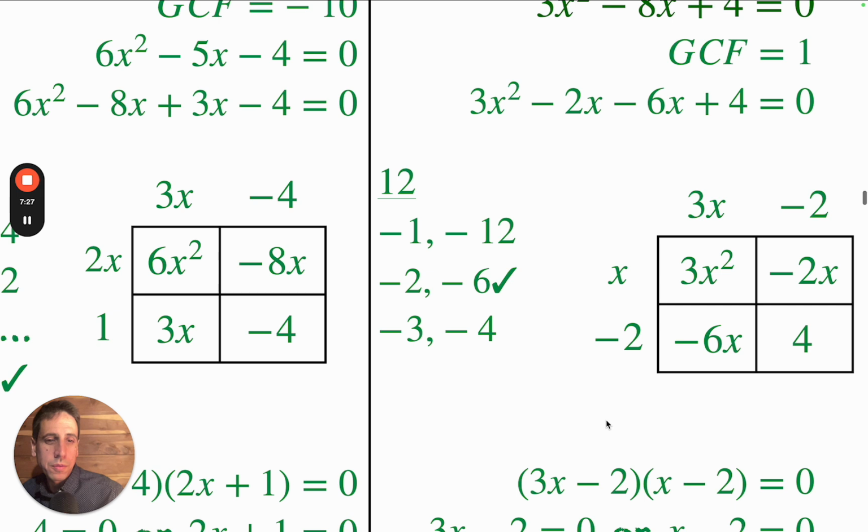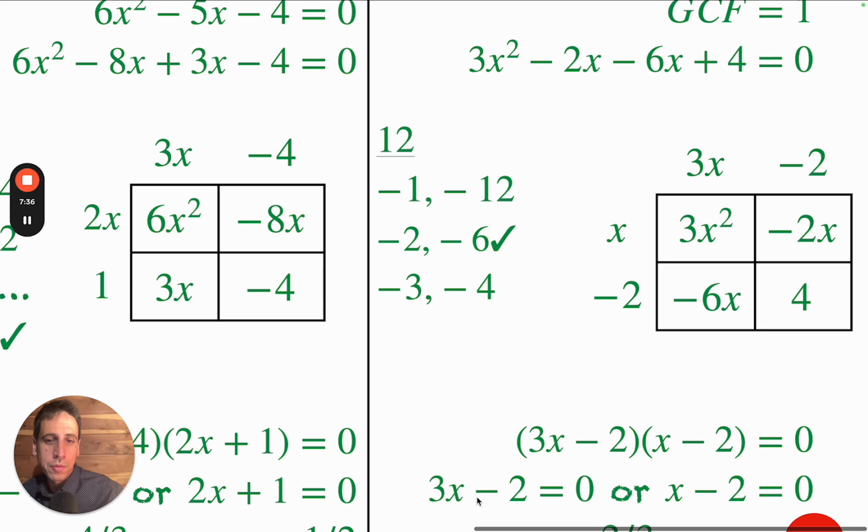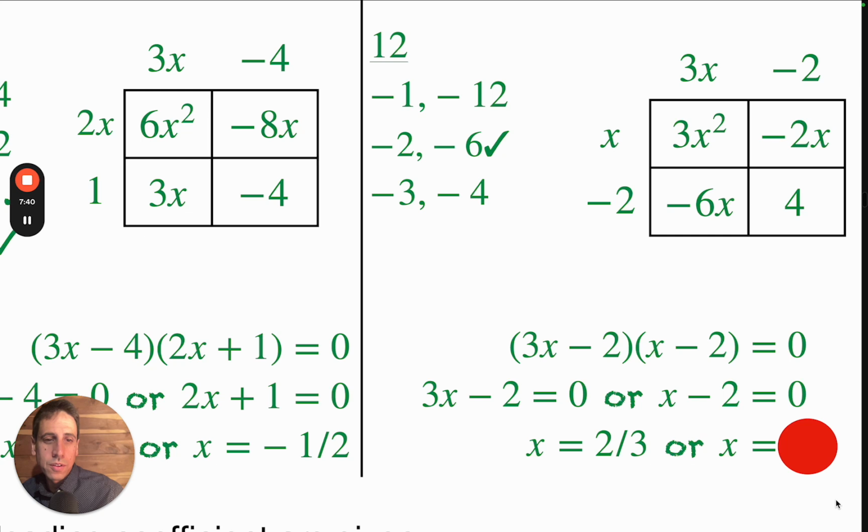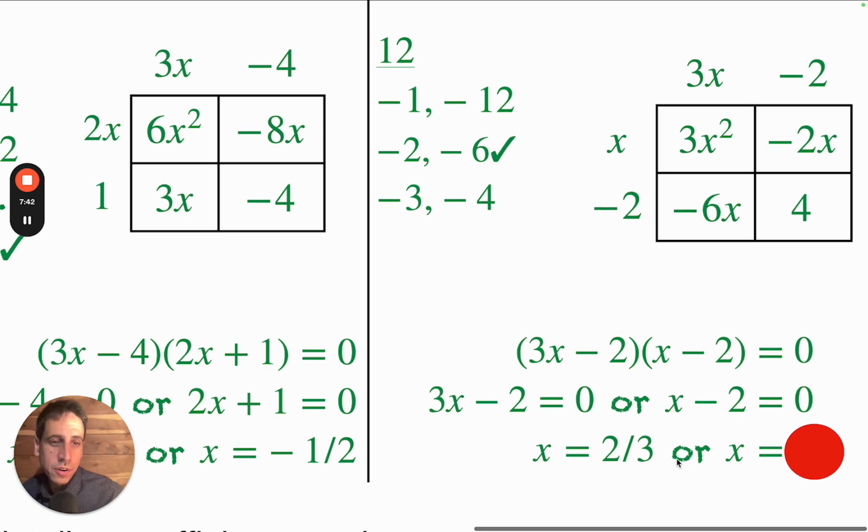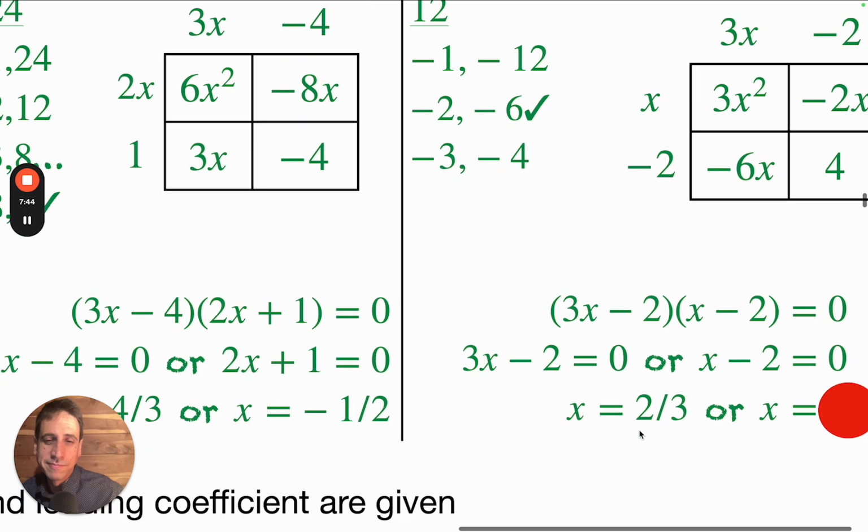So they can split this up. Write the x minus 2 and the 3x minus 2 here, and then split them up: 3x minus 2 equals 0, or x minus 2 equals 0. And so then x could be 2/3, or x could be you tell me.